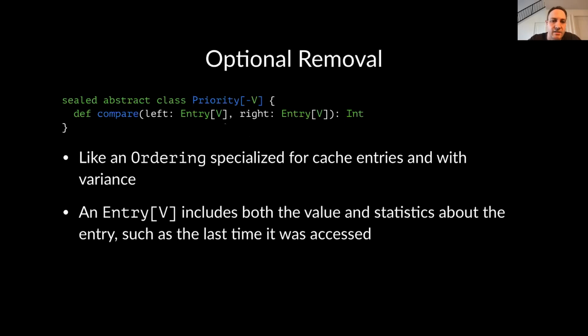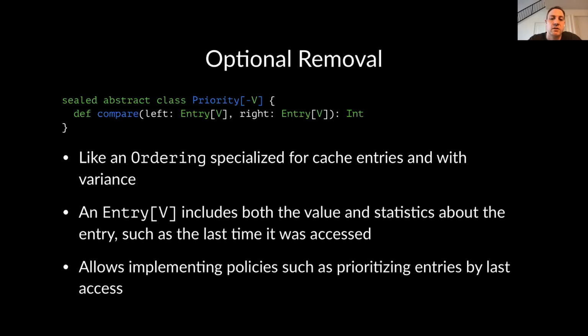So the last time it was accessed, how many times it's been accessed, how many times it's been loaded. And so this gives us the ability to prioritize entries in the cache, both by anything about those specific types of values, right? We might say there are certain values, maybe these values are either successes or failures, and we want to make sure we keep the successes, but we're not so interested in keeping the failures. It also lets us prioritize by those other statistics about the entry. So when it was last accessed.